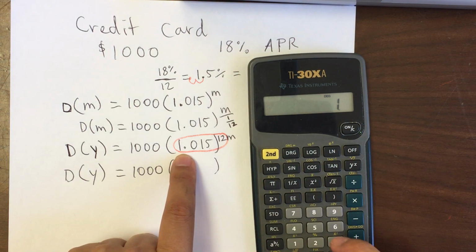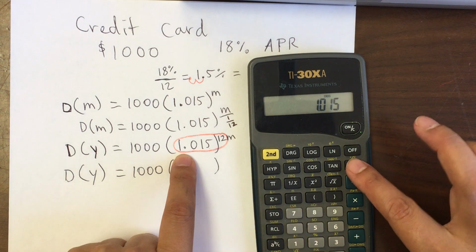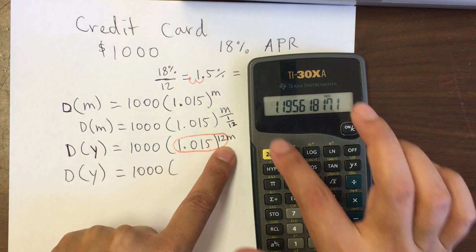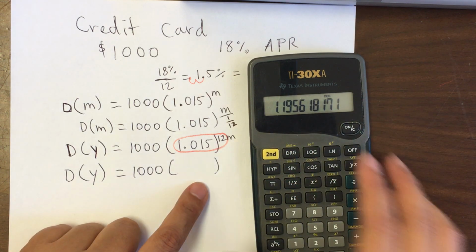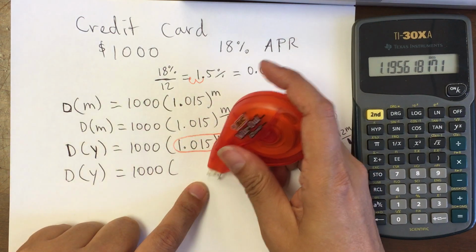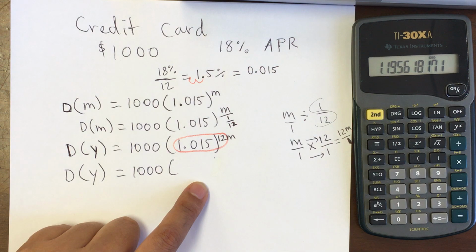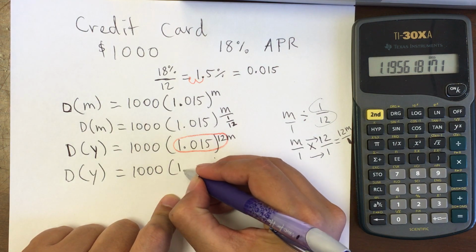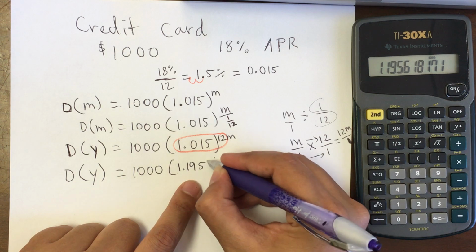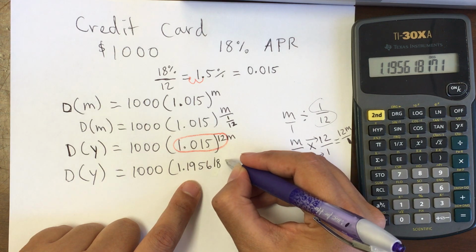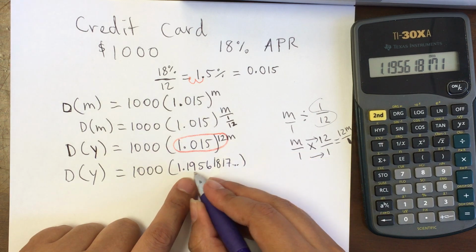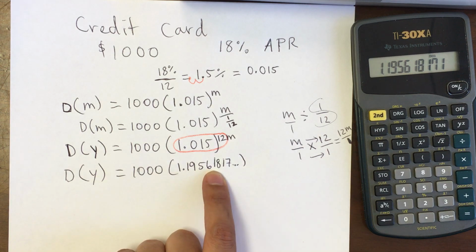Raising 1.015 to the power of 12, or to the 12th power, equals 1.19, and I shouldn't write this right here so that I have enough space for everything. So the new base is 1.19561817, etc. If you put 4 digits, that's enough for me.